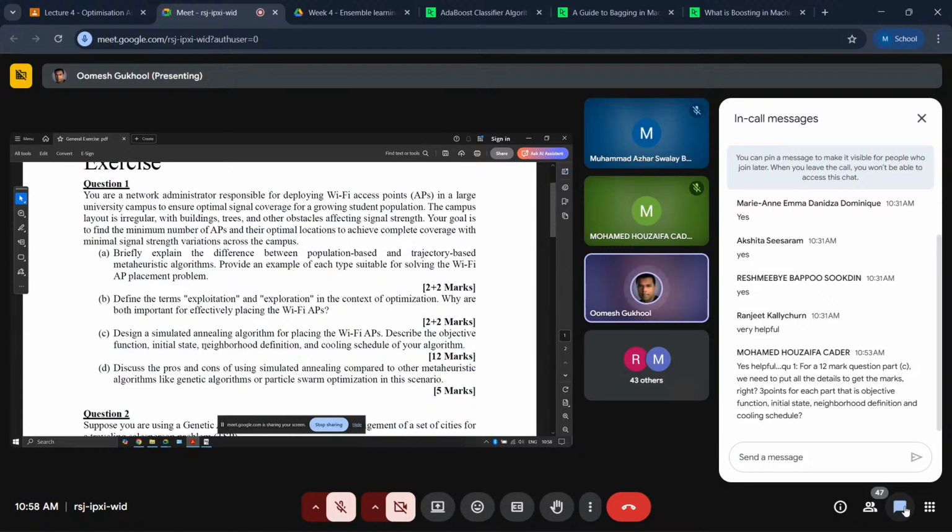Obviously, you're not going to get full marks. If for that formula you're supposed to get 1 or 2 marks, you're going to have half of the mark, but you're not going to get 0.